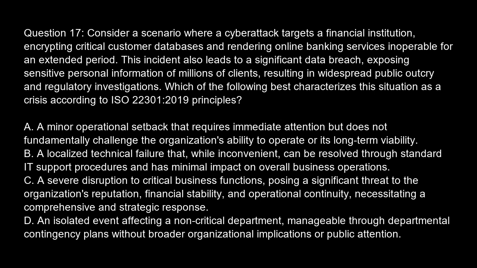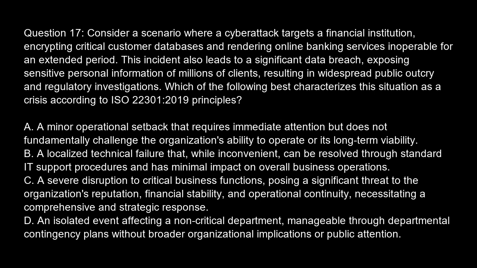Option A. A minor operational setback that requires immediate attention but does not fundamentally challenge the organization's ability to operate or its long-term viability. Option B. A localized technical failure that, while inconvenient, can be resolved through standard IT support procedures and has minimal impact on overall business operations.